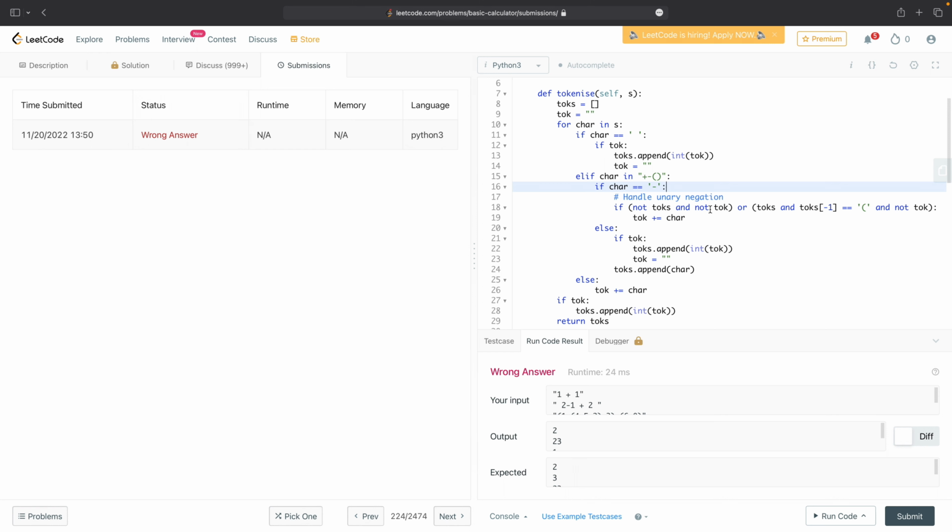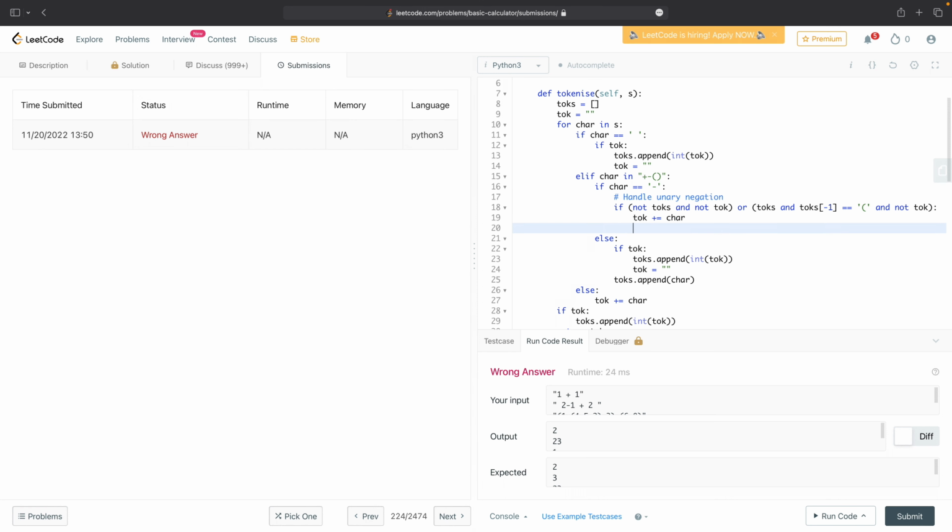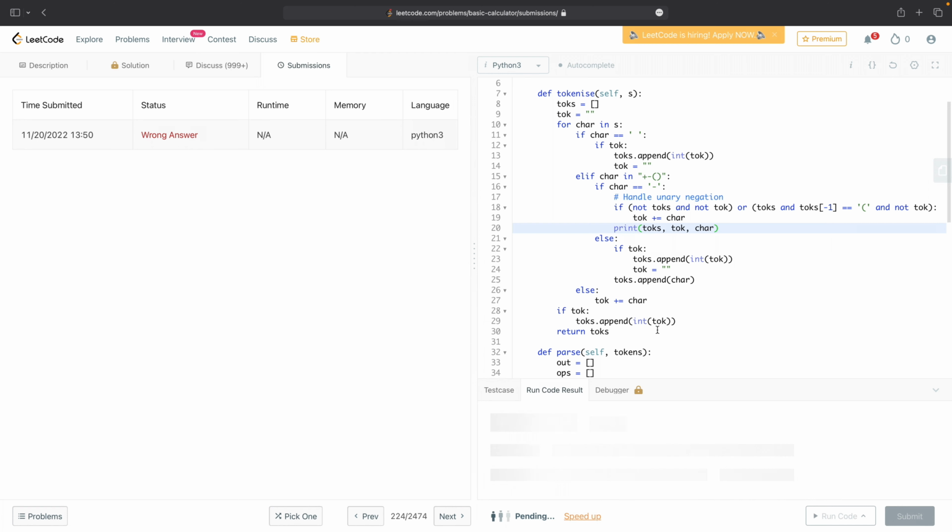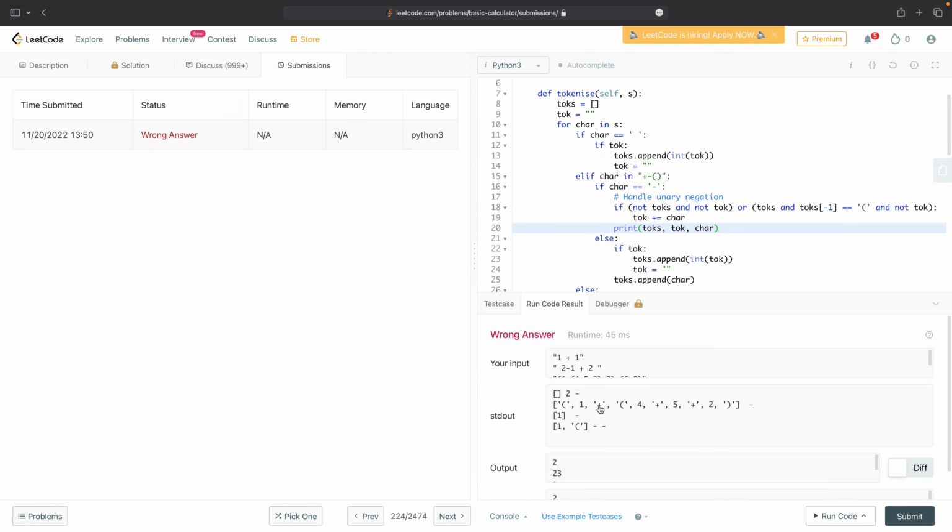Both of these require that there be nothing in toke, so that makes no sense to be put there. Uh-oh.